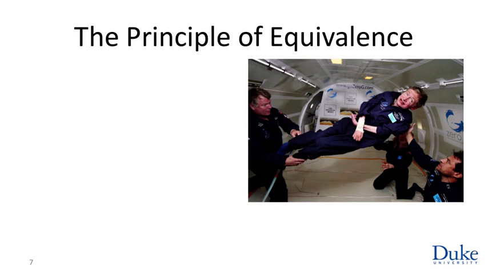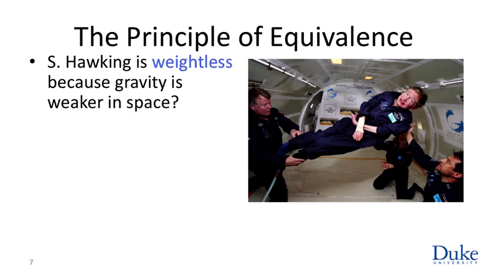The statement oft heard that there is no gravity in space, we've seen is patently false. The Earth's gravitational attraction extends throughout the universe, but it does weaken with distance. And so perhaps a corrected version that sometimes one hears is that astronauts in the space station are weightless because the gravitational force of Earth is weaker at larger distances from the center of the Earth.